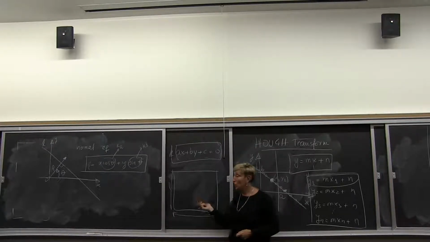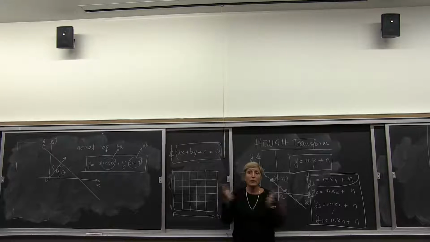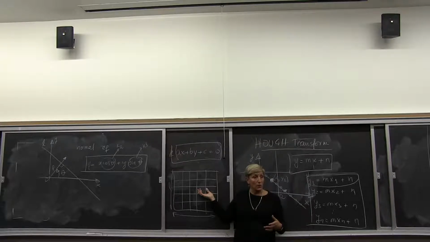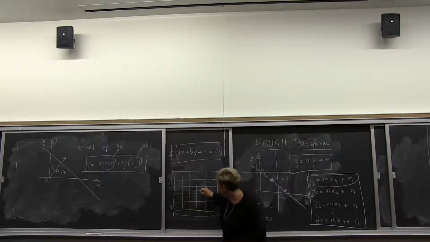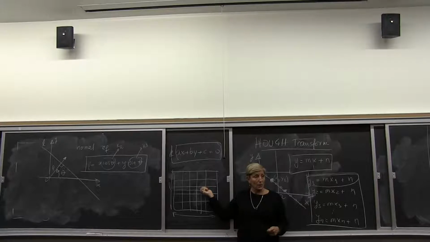Now what we're going to do, and we're going to do it when we come back after the weekend, is we're going to vote, but not in the continuous space. We're going to vote in a discrete space. So this is really an image. And so whenever I vote for a particular rho and a particular theta, I add 1 to this pixel location. And now you're seeing this is forming like an image.